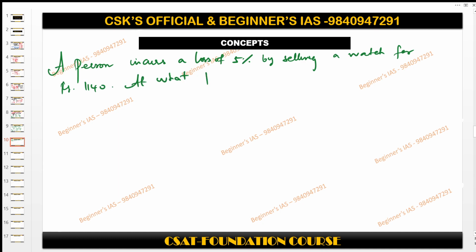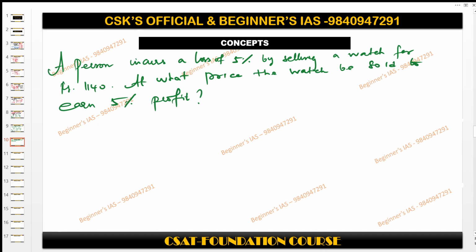At what price should the watch be sold to earn a 5 percent profit?